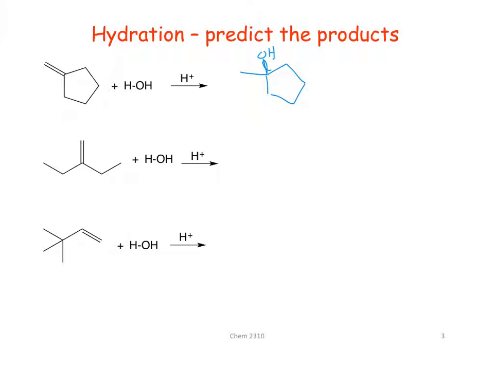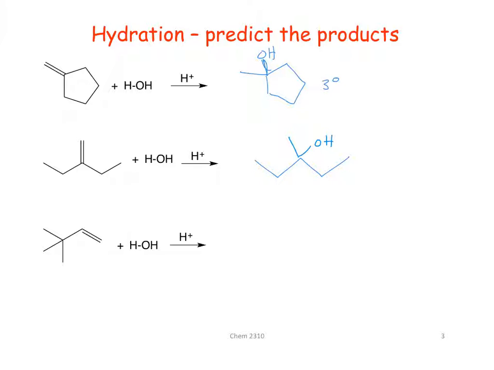Right? So we get this product, this tertiary alcohol. We do it on the next one. Again, the H will go to the less substituted position up here, OH to the more substituted position. So we get a methyl group here and an OH here.